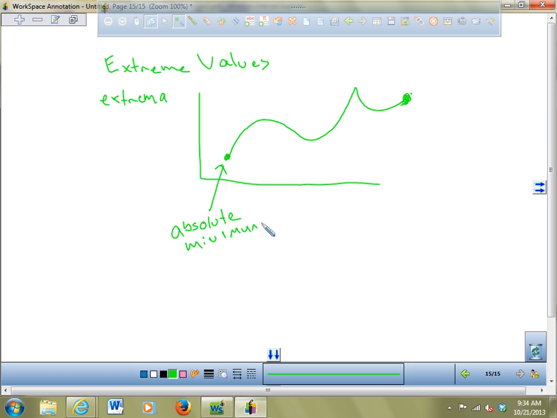Minimum, also known as a global minimum, okay? And if it's a global minimum or maximum, it is also a relative one, okay? So it's both a global and a relative minimum. This point here appears to be a minimum or a maximum.